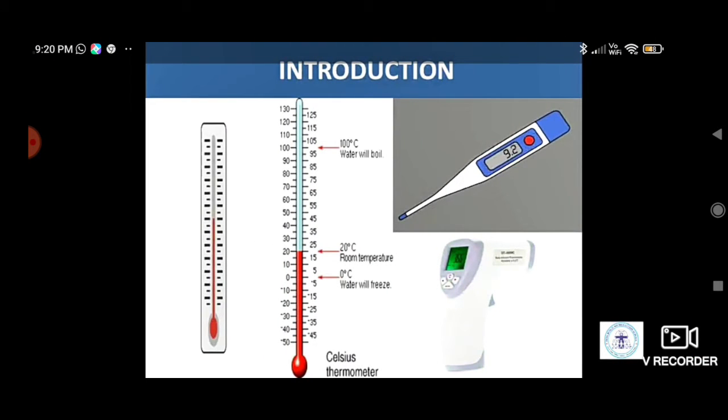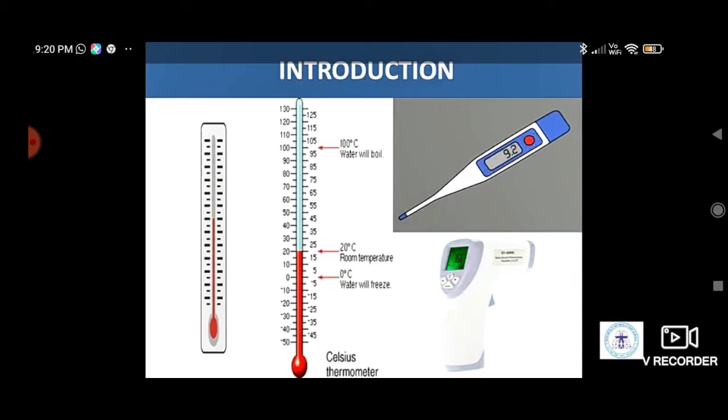So now we are going to teach. You shiver when it is cold outside and sweat when it is hot outside. But how can you measure the weather temperature?